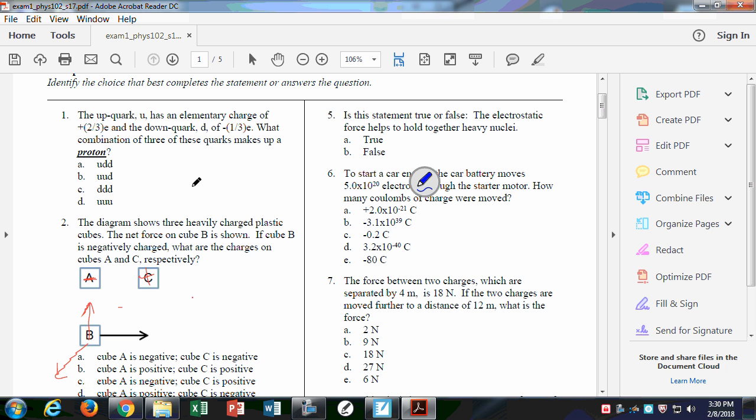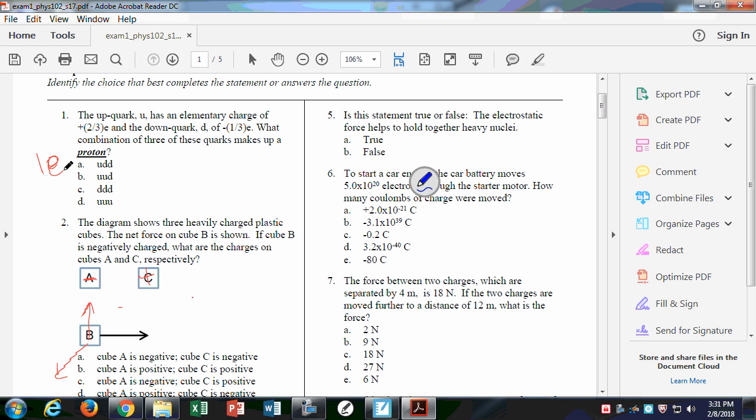So all you really need to know is what is a proton? Is it positive or negative or zero charge? It's positive charge. So the net charge of this proton has to be 1e. That's the fundamental unit of charge. Now it's made up of quarks, and I need to find some combination of those quarks that gives me 1e.